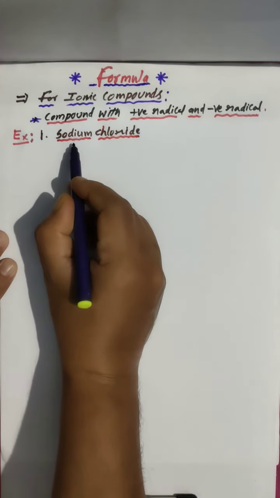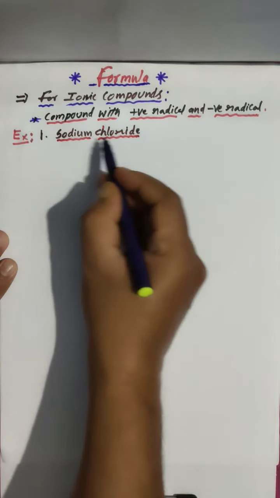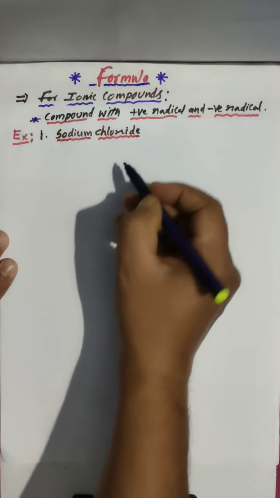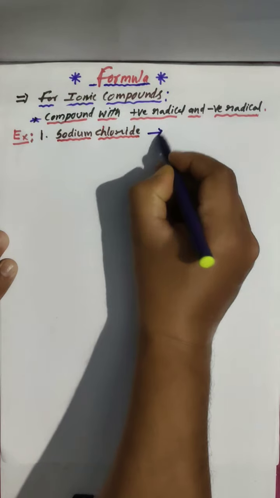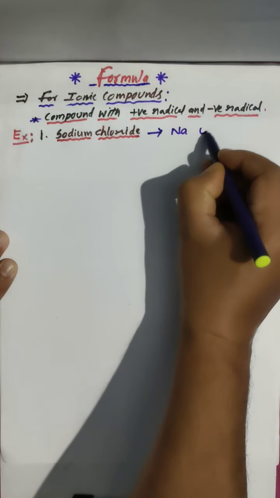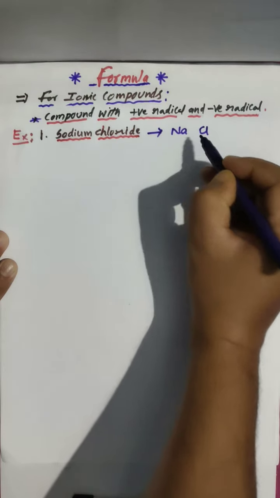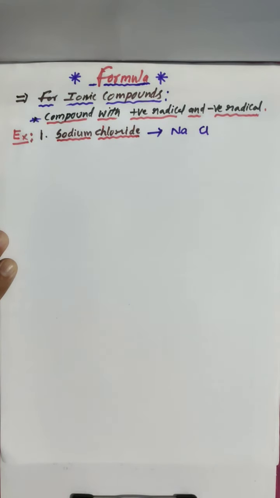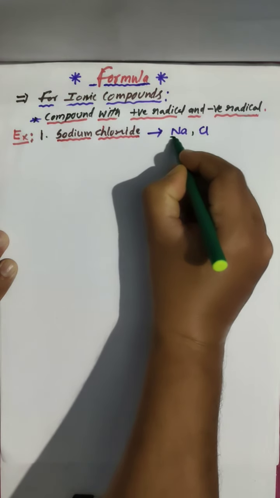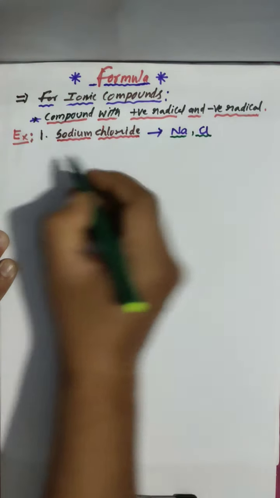Generally, the left side is the positive radical and the right side is the negative radical. Sodium you know very well, Na, and chlorine you know very well, Cl. Clear? Now, by using these two, how can we write the formula?